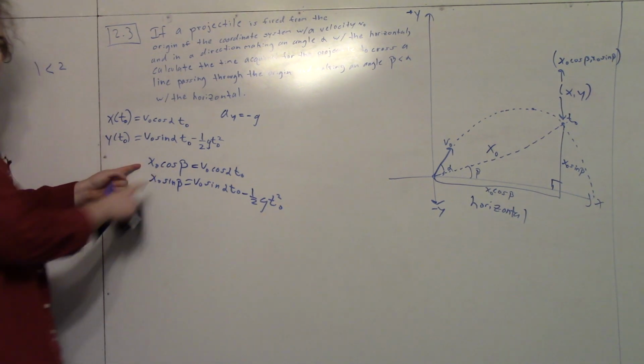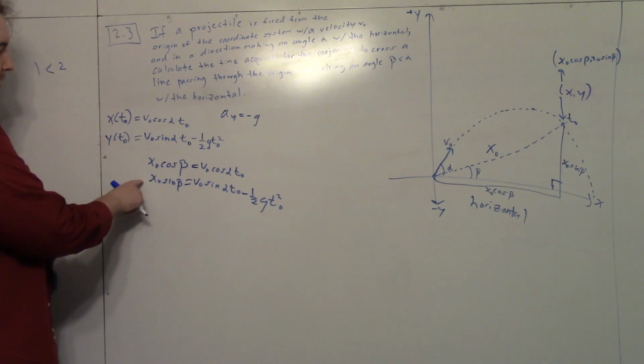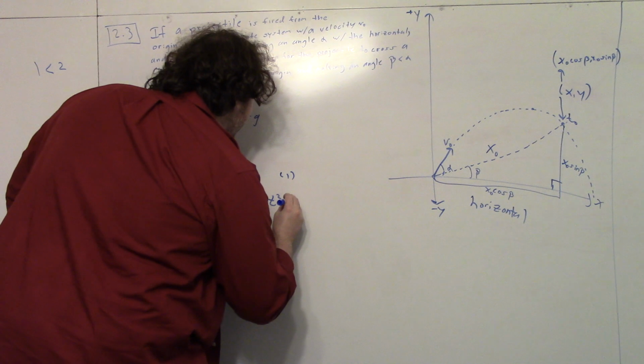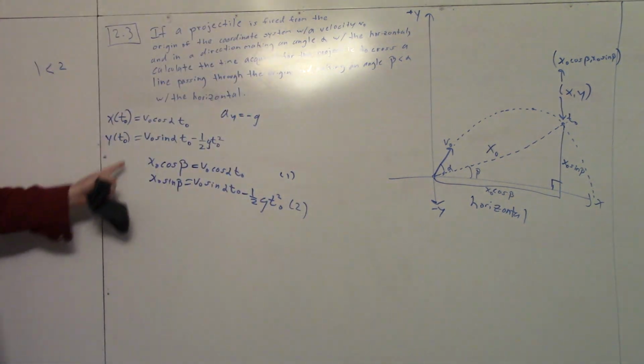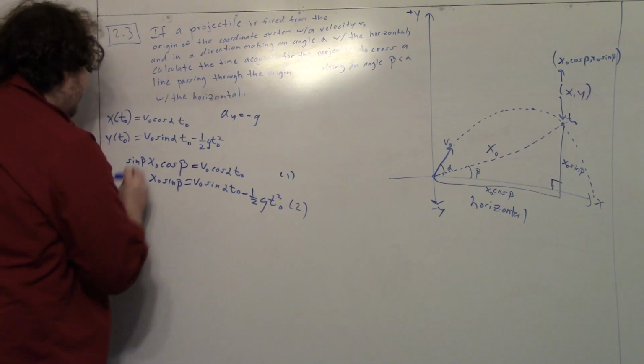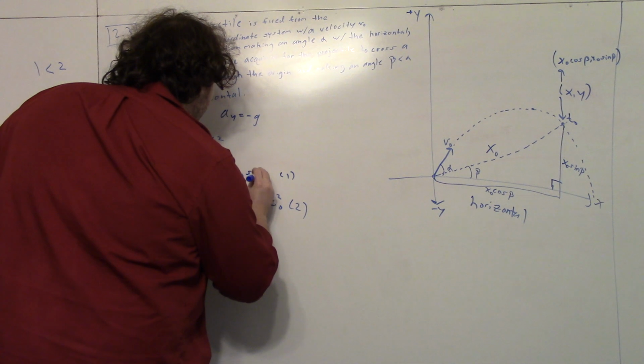So on this side, let's call this equation 1 and this equation 2. We multiply both sides of equation 1 by sine beta, and then down here, so it's sine beta over here.